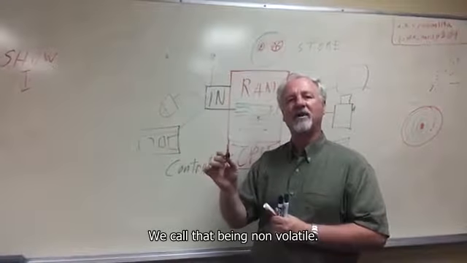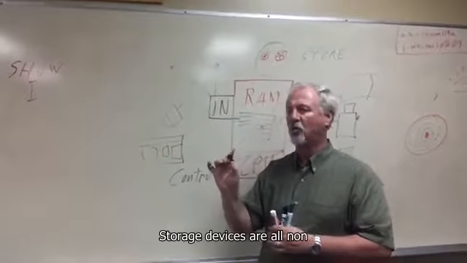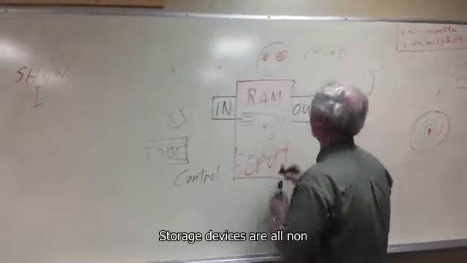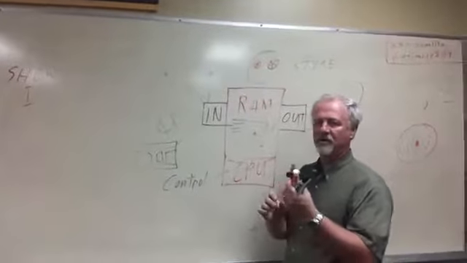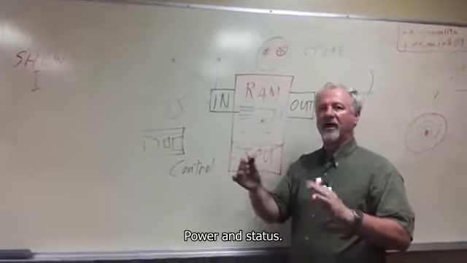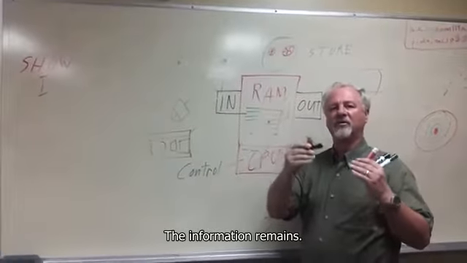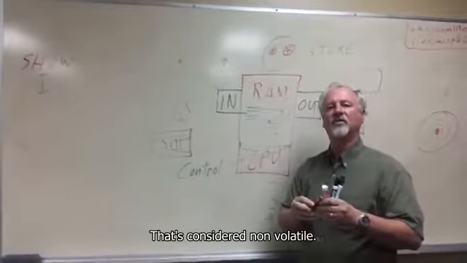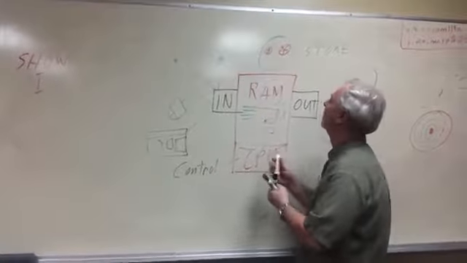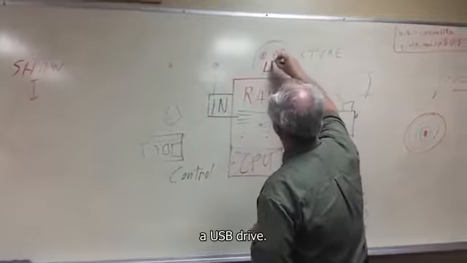We call that being non-volatile. Storage devices are all non-volatile. Two parts we're looking at, power and status. So power, we lose power, the information remains. That's considered non-volatile. So we can put an example here of a USB drive.